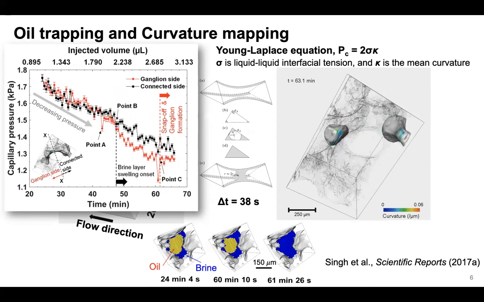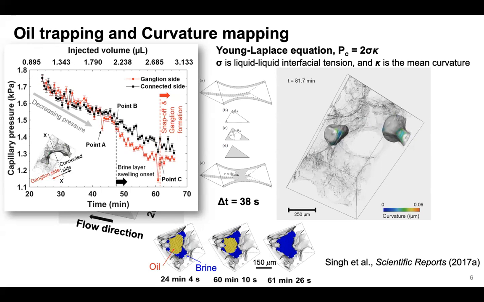But then a point comes when we start to see the disparity in pressure. The pressure on this side starts to decrease and it keeps decreasing. And then it pushes the brine layer into the throat. So it allows for throat swelling or brine layer swelling in the throat until we get instability where we see the snap-off here.